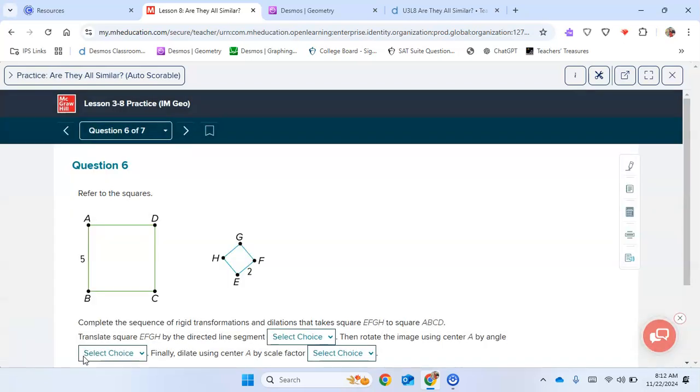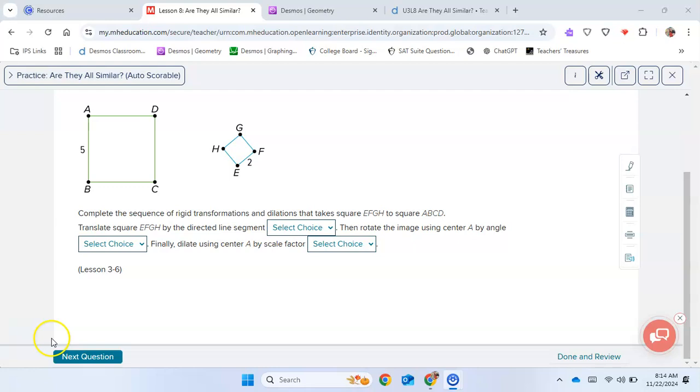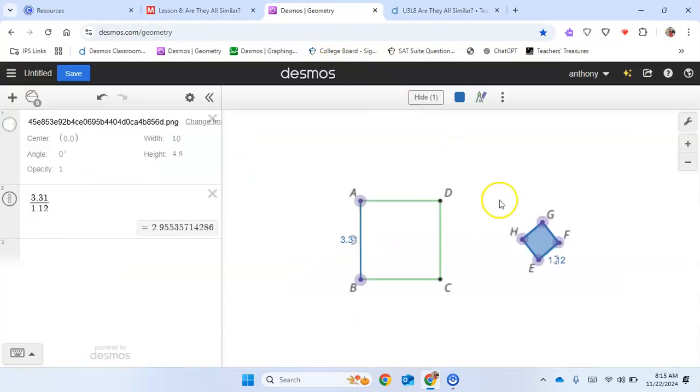Question 6. Refer to the squares. Complete the sequence of rigid transformations and dilations that take square EFGH to square ABCD. Translate square EFGH by the directed line segment. We're going to translate from E to A. They're both the first letters, E, A. Translate EA.